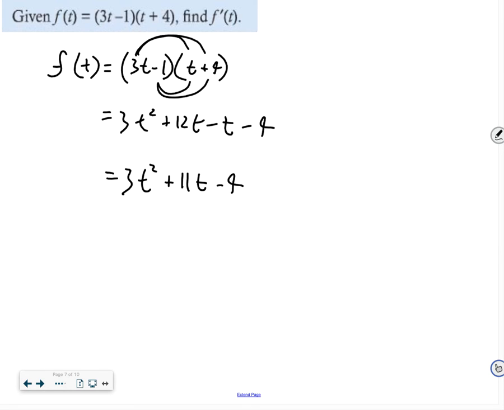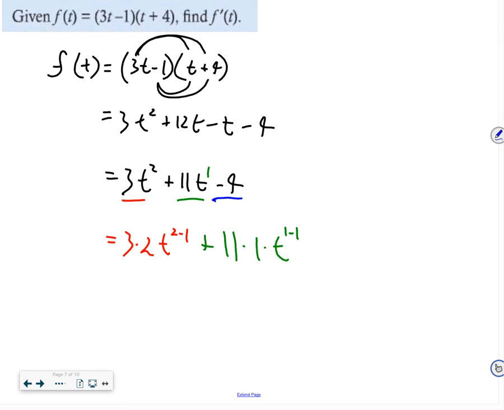At this point, since I have 3 different parts, 1, 2, 3, I can differentiate each part individually. So I get 3 times 2, t of 2 minus 1, plus 11 times 1, remember the imaginary 1 here, times t of 1 minus 1, that will go away. And then minus 4, well, I don't really have anything here, so these constants just go away.